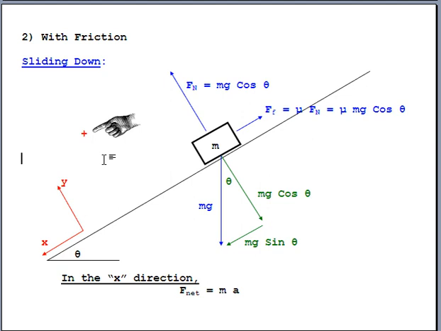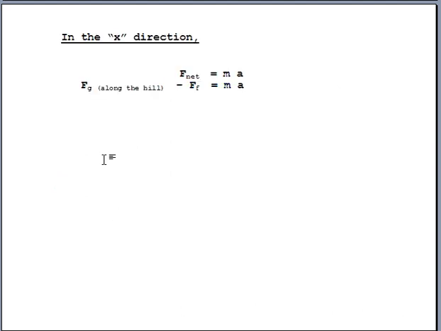And we're going to put those two forces, the mg sine theta, the slippery part of gravity, and the friction, the mu mg cos theta, in for F net because that's what we see from the picture. My net force would be the portion of gravity, the slippery part, minus the friction force. And so I'm going to have mg sine theta minus mu mg cos theta.